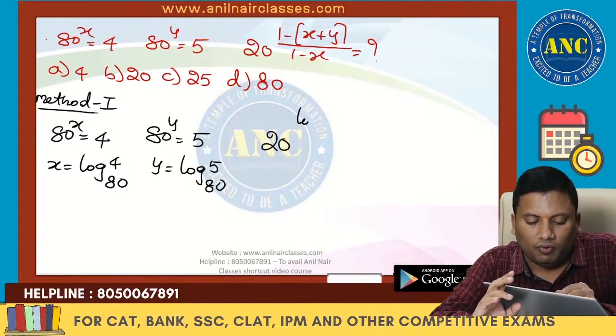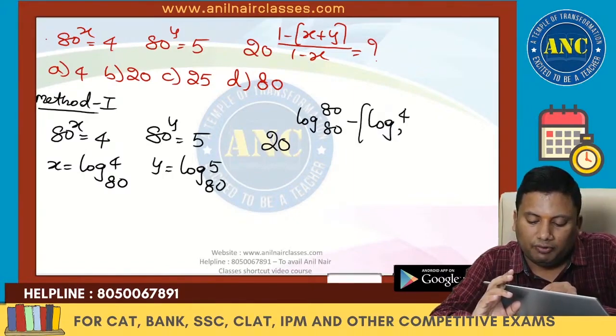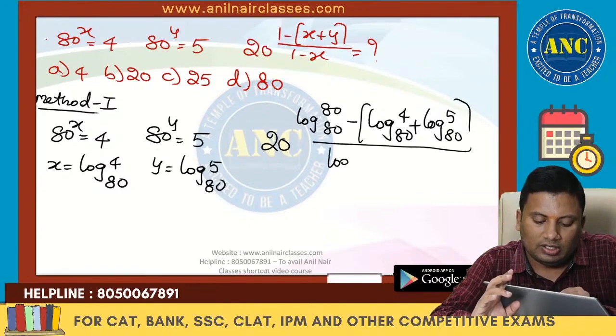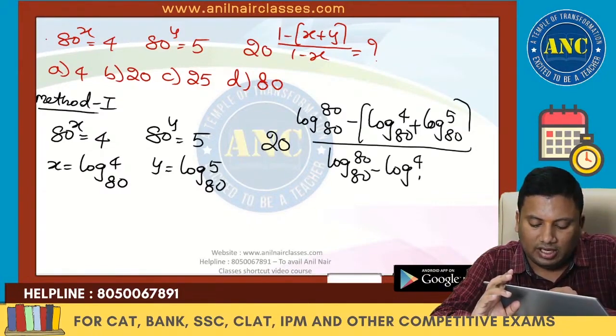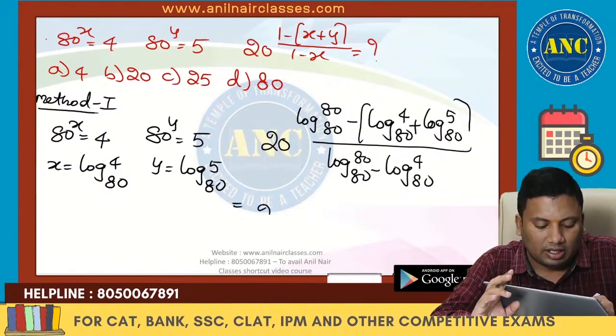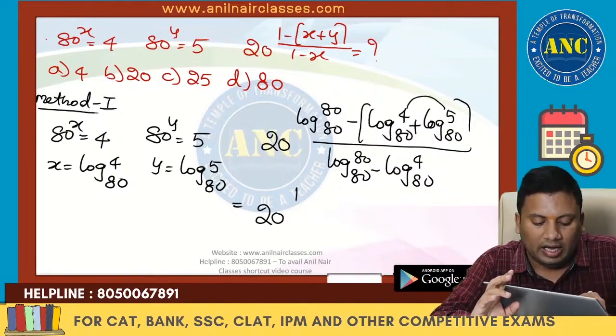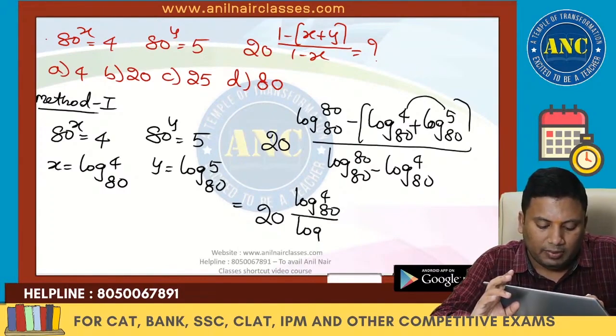20 power, 1 can be written as log 80 base 80, minus x which is log 4 base 80, plus y which is log 5 base 80, divided by 1 which is log 80 base 80, minus x which is log 4 base 80. So this is nothing but 20 power of, 4 5s are 20, log 80 by 4 base 80, divided by log 20 base 80.